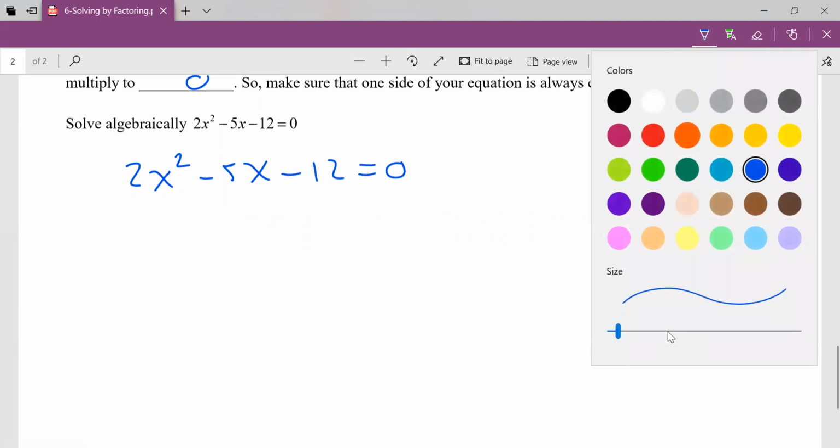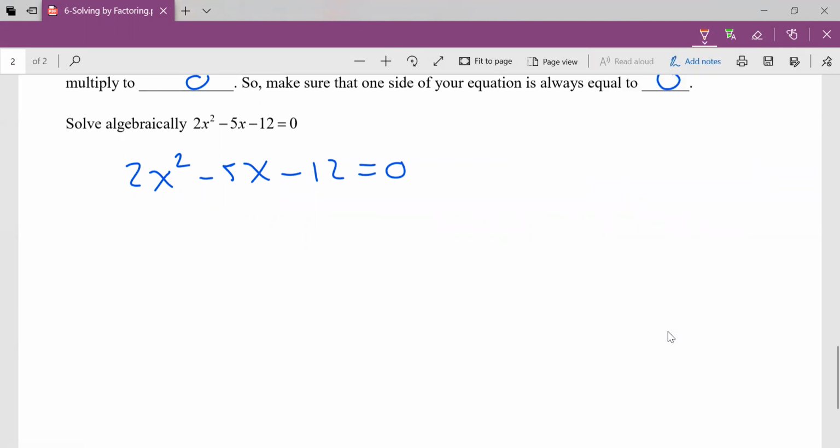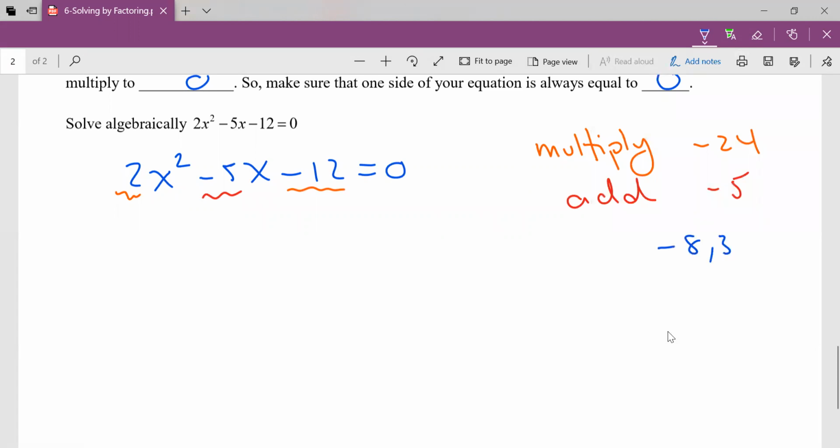So remember, you look at these two numbers. What two numbers multiply to negative 24 and add to negative 5? Well, those two numbers sound like 8 and 3 to me.